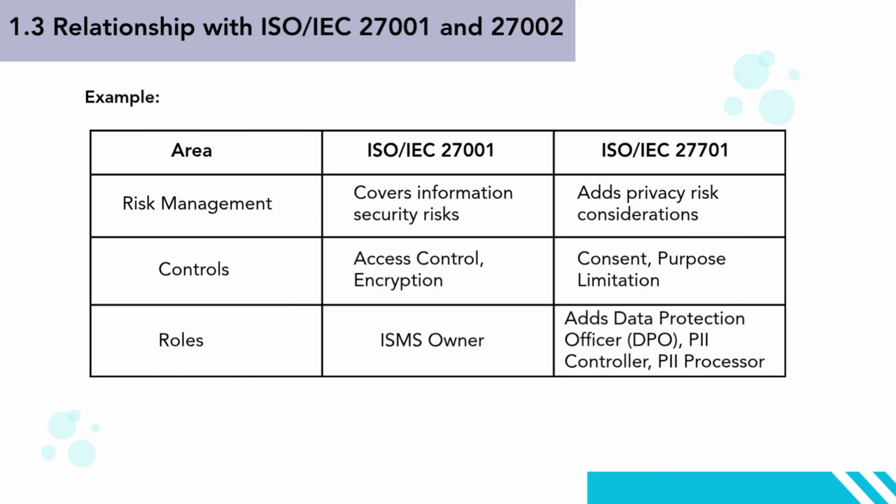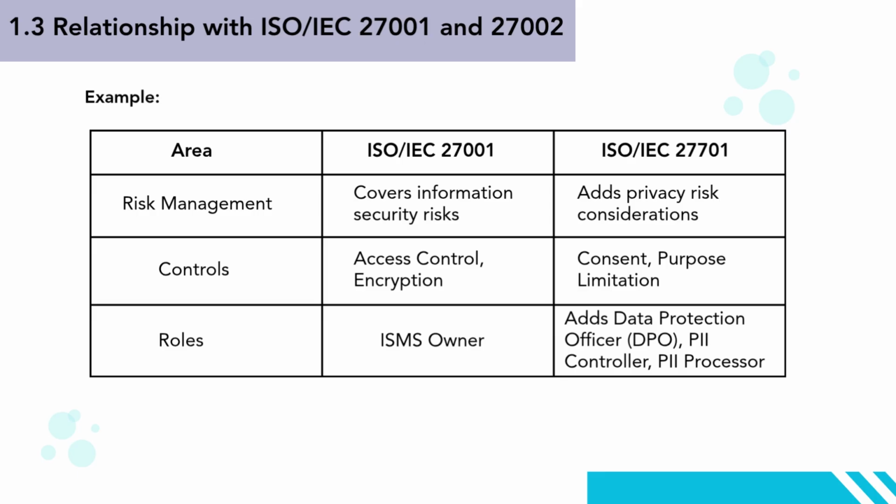This comparison table illustrates how ISO 27701 builds upon and extends the established ISO 27001 framework with privacy-specific enhancements. In risk management, while ISO 27001 focuses on traditional information security risks like unauthorized access and data breaches, ISO 27701 expands this scope to include privacy-specific risks such as unlawful processing, inadequate consent mechanisms, and violations of data subject rights.